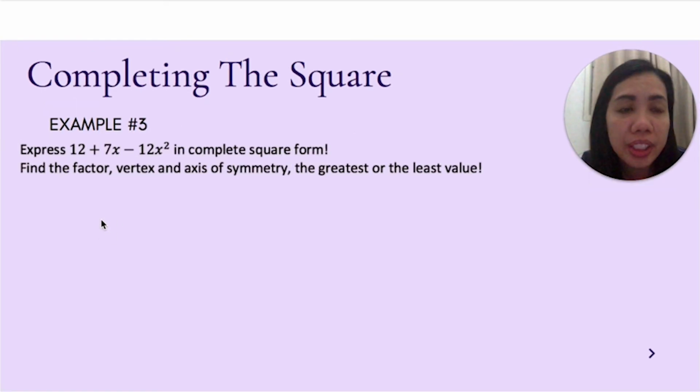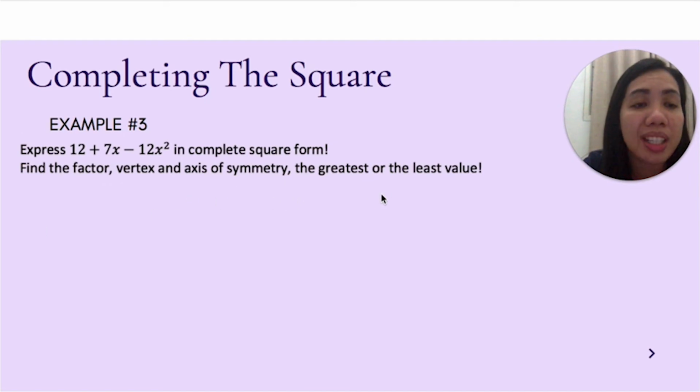Okay, let's continue to example number 3. In this example number 3, it is actually the same kind as example number 2: express this quadratic expression in completed square form, and then find the factors, the vertex, axis of symmetry, and the greatest or the least value.